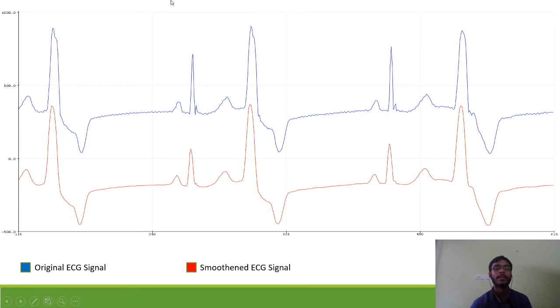So for getting this peak, we have to reduce the block size, and I have reduced it to L equals to 4. And for all the ECG experiments, I will do it with L equals to 4. So that's the only point here, doing the experiments with ECG signal.